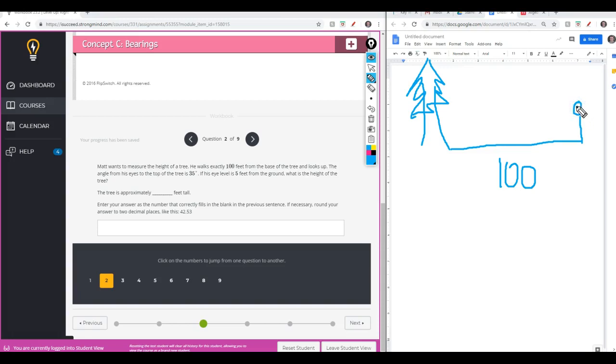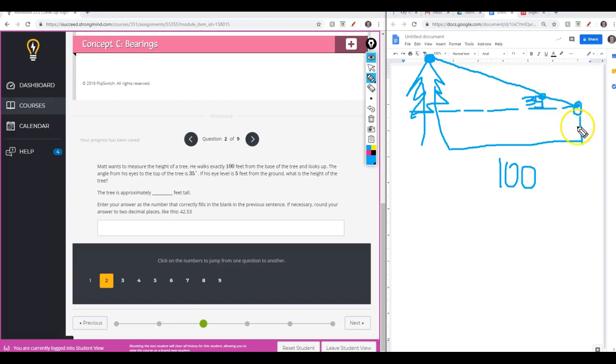From his eye to the top of the tree, there's the angle, the line of sight. There's the top of the tree. Now, here's the part that a lot of people do not remember: it goes horizontal. The horizontal line is from your eye. So this angle right here is 35 degrees.